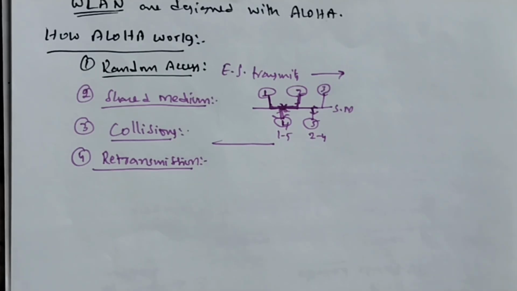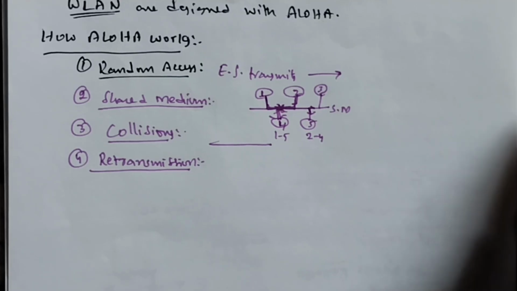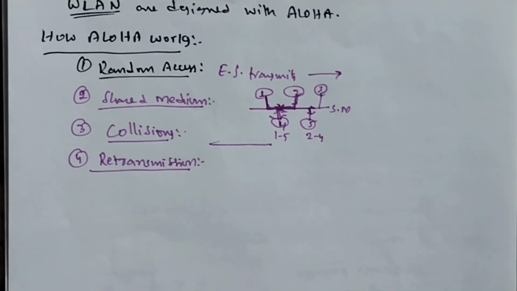After the collision occurs, the colliding stations will resend their previous messages. Before sending this time, they will wait for the channel to be clear. When no transmission is happening, only then will they transmit their data from one station to another station.